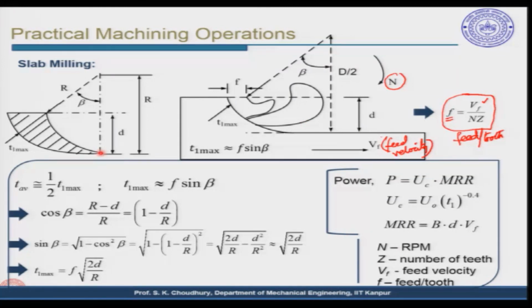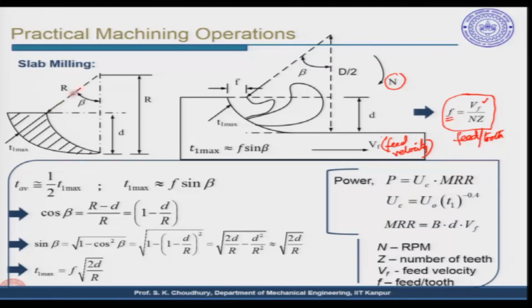Here the T1 goes from minimum, which is 0, to maximum. So, we take the T1 maximum, and this diagram clarifies how it can be taken. This is the center of the milling cutter, and if you join along this point and extend it, this is the distance which is considered to be the T1 maximum, the maximum uncut thickness.